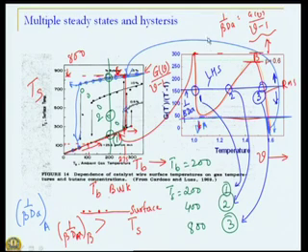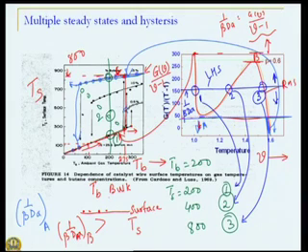Anything above this upper limit, this green line over here or red line over here, any value of parameter above this, I am at a lower branch, and in between these two values you see there are three solutions. It turns out that this particular solution is inherently unstable. The only solutions you can experimentally get are solution 1 and 3. That is a characteristic of typical 1-3-1 multiple steady state.